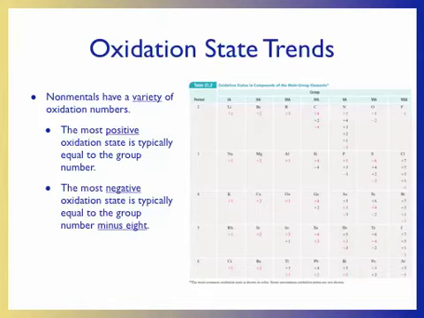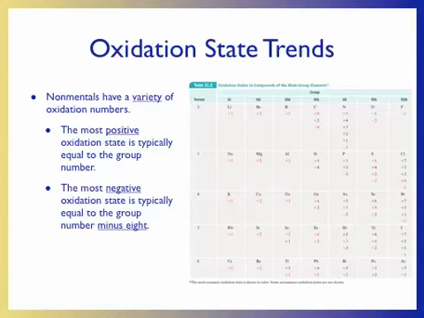The lowest oxidation state is typically equal to the group number minus 8. This follows the octet rule. Nonmetals tend to form anions, and they usually gain enough electrons so that they have 8 valence electrons, or an electron configuration equal to a noble gas.